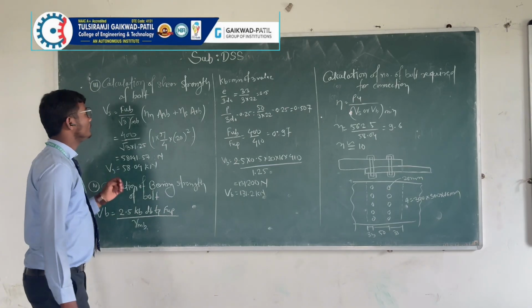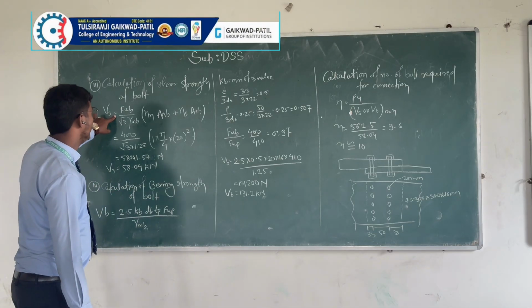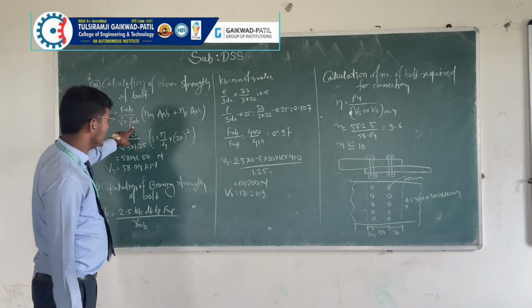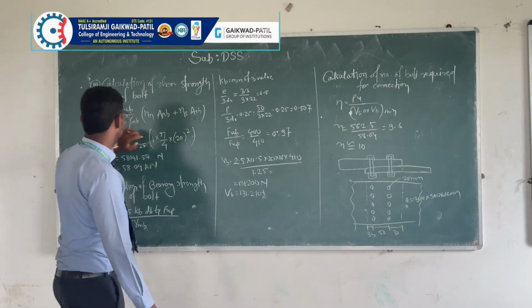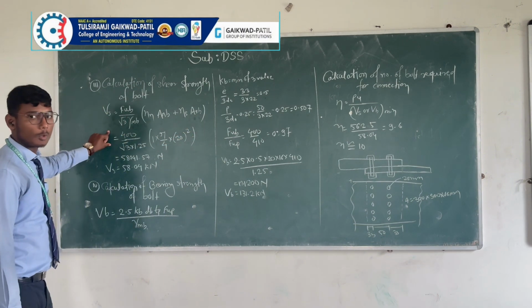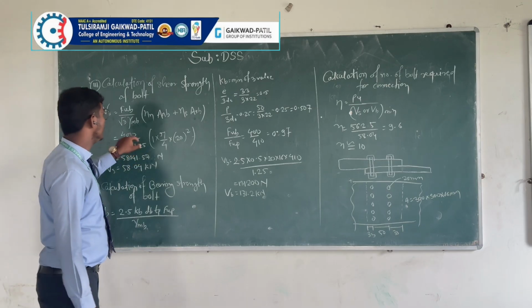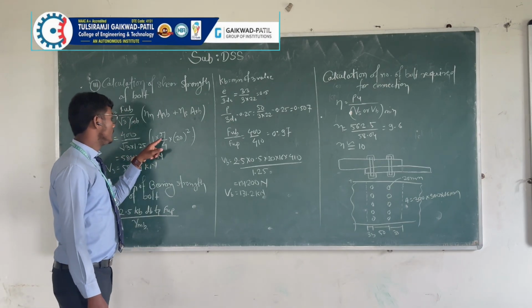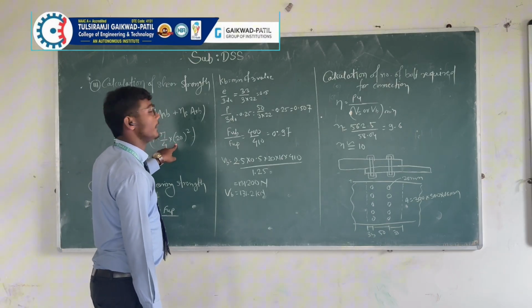Now calculate the shear strength of the bolt. Vs is equal to Fub divided by root 3 gamma mb, bracket nn Anb plus ns Asb. Then we calculate: Fub is 400 divided by root 3 into 1.5, which is the gamma, then bracket 1 into pi into 1 divided by 4 into 20 square.